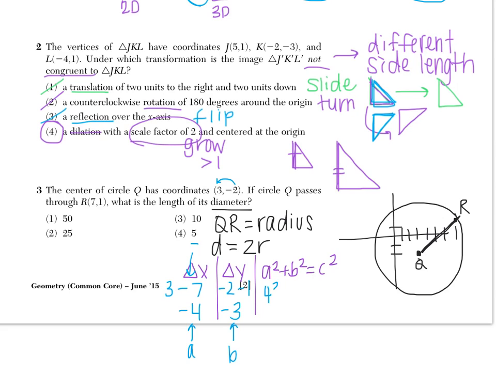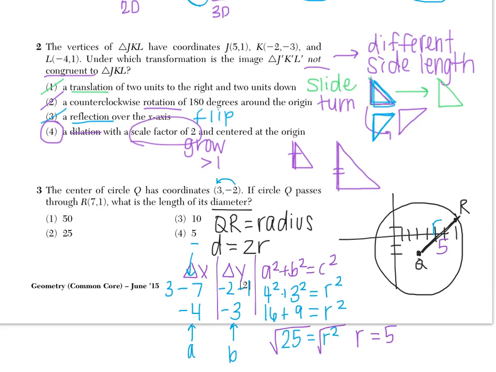So now we have 4 squared plus 3 squared equals r squared, because c is going to represent the radius r. 4 squared is 16, plus 3 squared is 9, equals r squared. 16 plus 9 is 25, still equal to r squared. Now in order to get r by itself, I need to square root both sides. So now my radius is equal to 5, or in other words, QR is equal to 5.